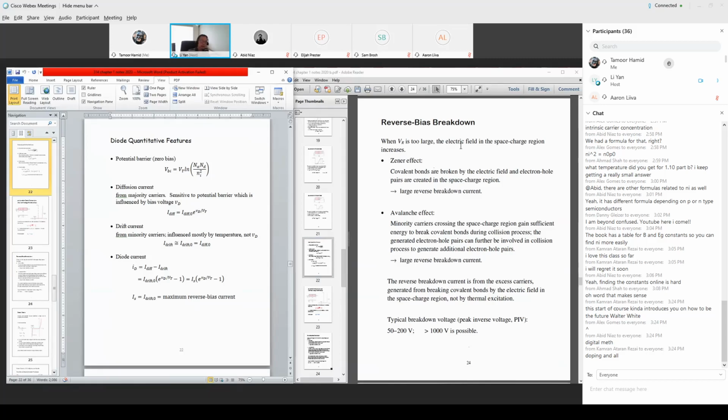It breaks the covalent bond in the space charge region under an electric field. So this mechanism is not thermal generation and has nothing to do with the concept of majority carriers or minority carriers. They are actually excess carriers.